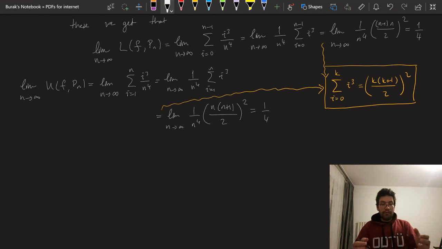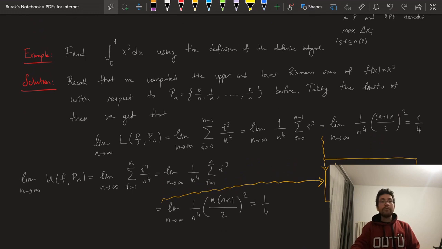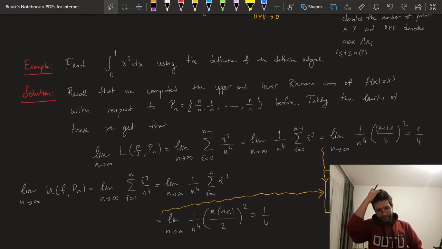Now, what have I obtained? I have a sequence of partitions. These are not refining each other, but that's fine. I'm going to explain that.